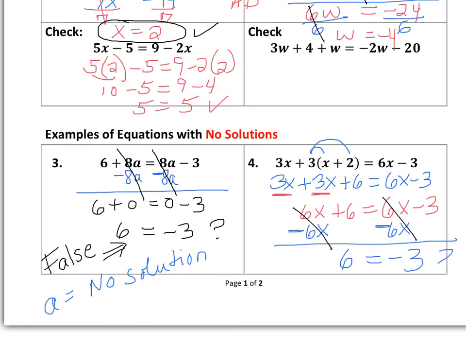Not possible. This is a false statement. And the answer here is x equals no solution. There is no value of x we can solve for here. Okay, so these are two examples where there's no answer possible.